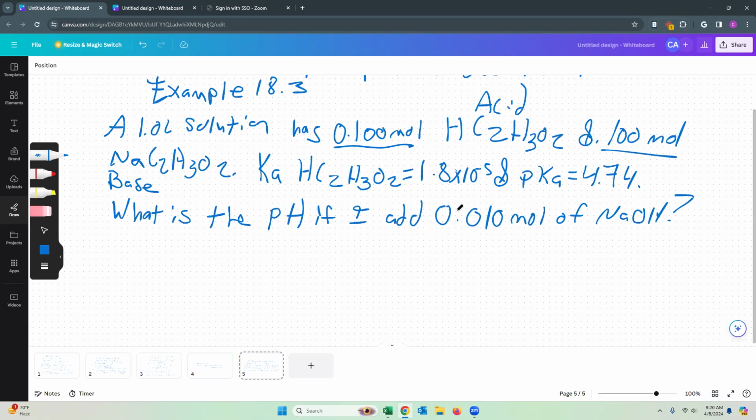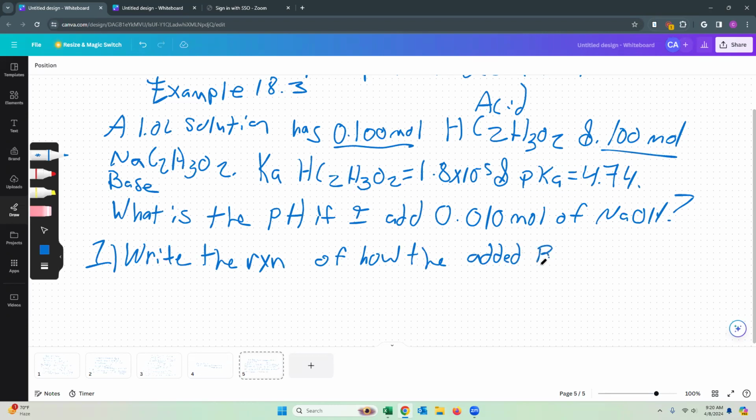So step one, when we are adding something to our buffer, write the reaction of how the added base will react with your buffer.